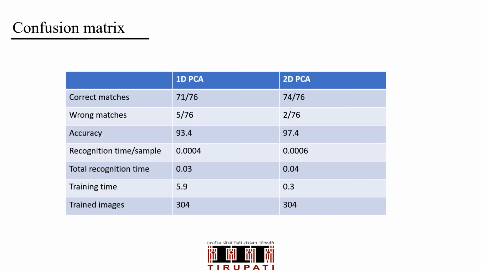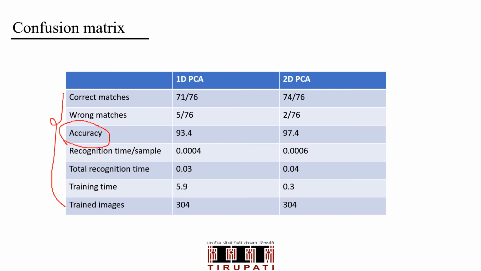Now I will explain our results by using the parameters which we have discussed earlier, like correct matches, wrong matches, accuracy, recognition time, total recognition time, training time, and number of trained images. Here we are seeing another word, accuracy.